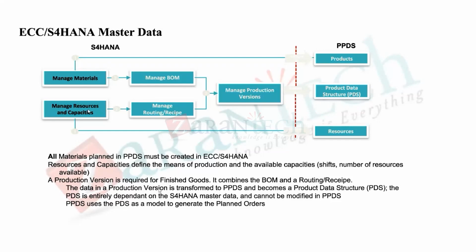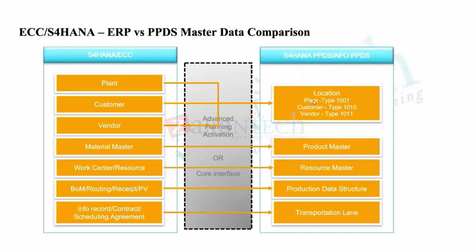Material to material, product, resource to resource, and BOM, routing, recipe becomes production version to the PDS, right? Yes. Okay. All right. And now this thing is pretty much clear because you're using it.